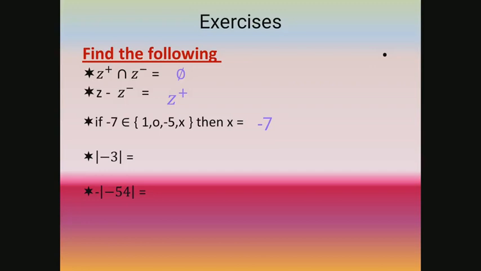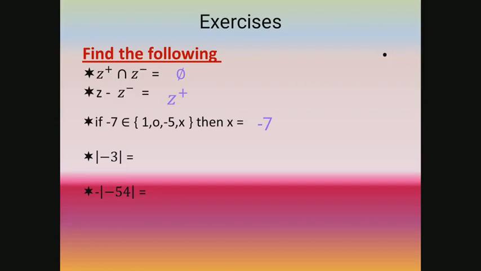If negative 7 belongs to {1, 0, negative 5, x}, then x is equal to negative 7, because this is a set, and the set only has the numbers 1, 0, negative 5 and negative 7. The absolute value of negative 3 is 3, because the absolute value is always positive.